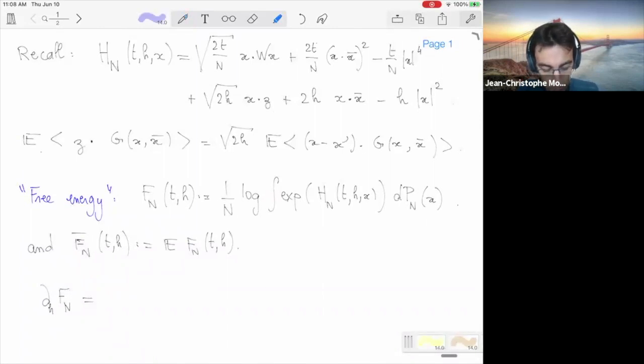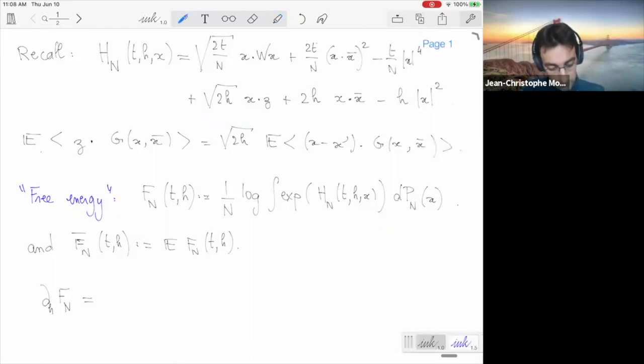This is the function we try to differentiate. Inside here, there is an h, and so we look at where h appears inside the definition. It appears in these slots. So as usual, when we differentiate this free energy, what we're going to get is some Gibbs measure of something.